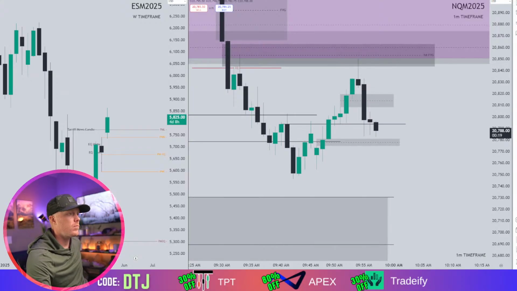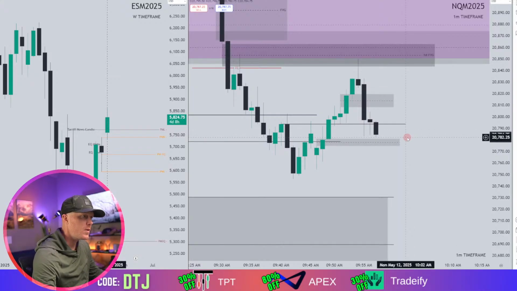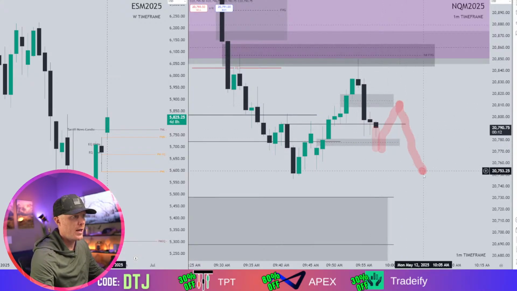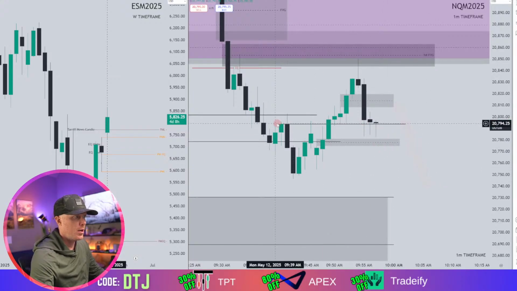Keep in mind, we could close below here and then retrace higher to this. So there's a few different things that could happen.